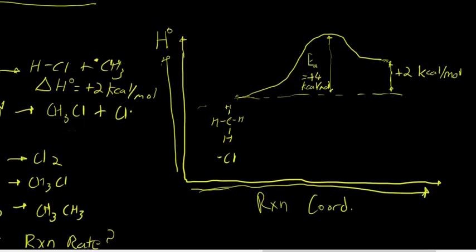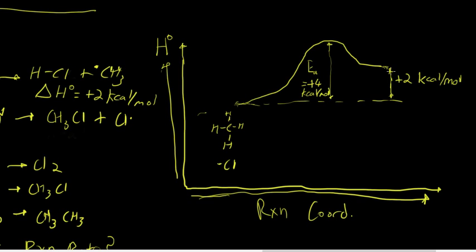And the transition state, let me draw the products here. So the products are here. Going to be methyl radical, CH3 radical, and HCl. But the transition state's basically a state in which this CH bond is partially broken and the bond between hydrogen and chlorine is partially formed.